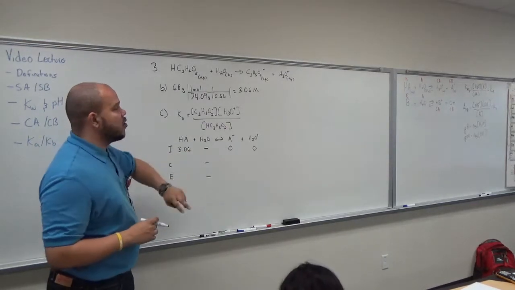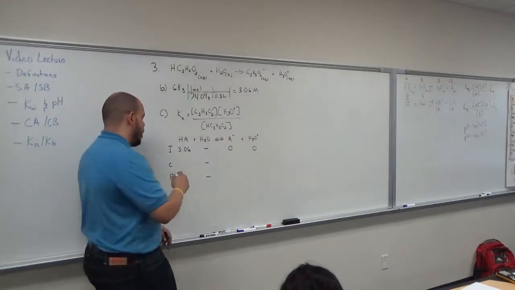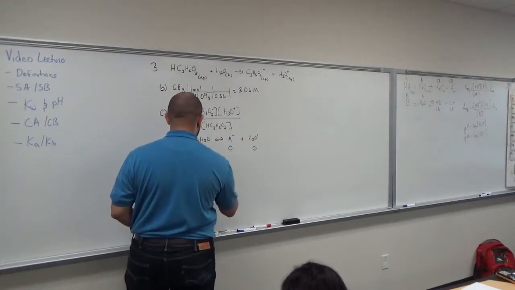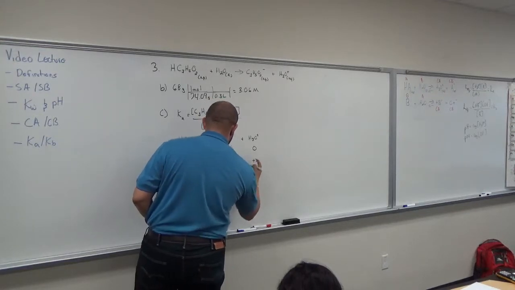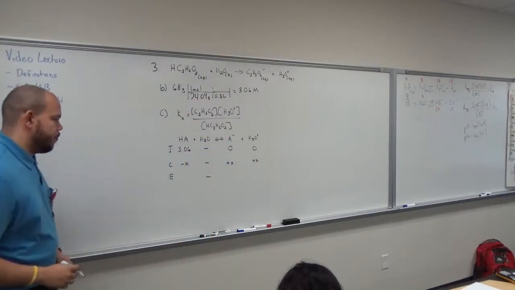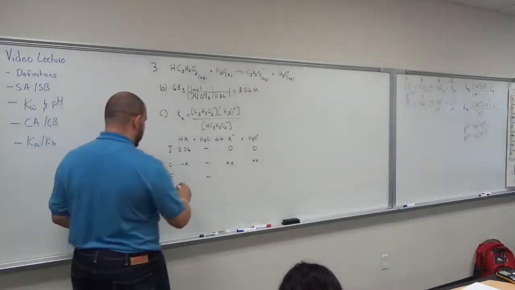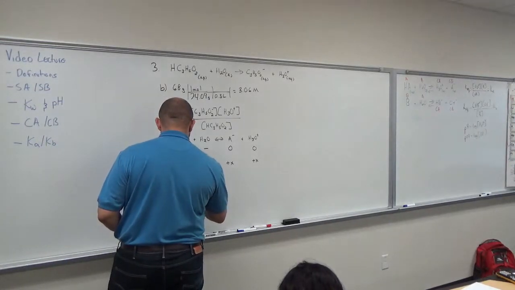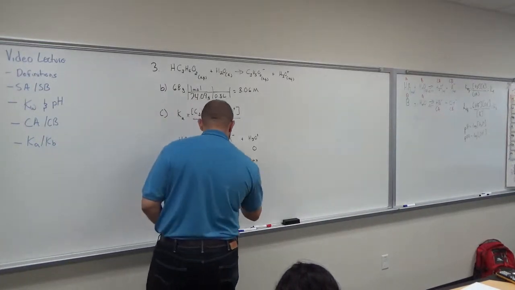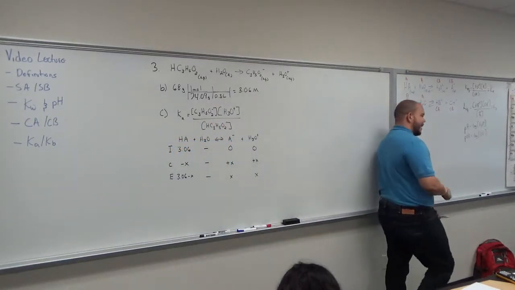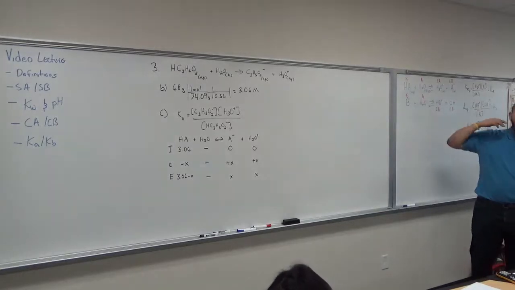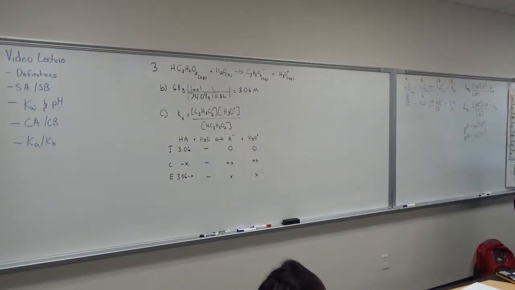Now the change, since all of these is 1 to 1 to 1 to 1, the change is always going to be associated with just X, and for the products it will be plus X, for the reactants, right, minus X. And therefore, at equilibrium, we are dealing with 3.06 minus X, X, and X. If you can get to this point for all the different situations that we're dealing with, then you've done all of the chemical work.